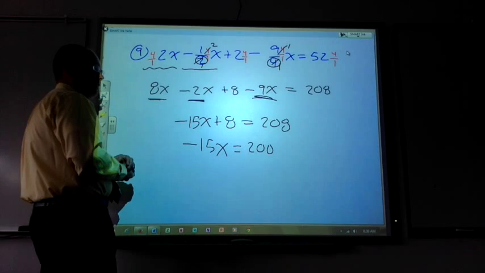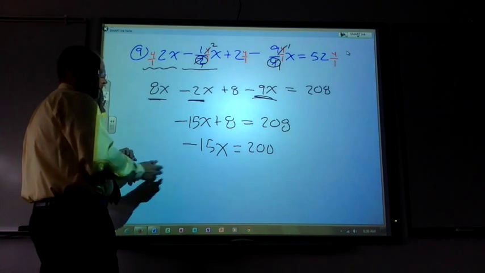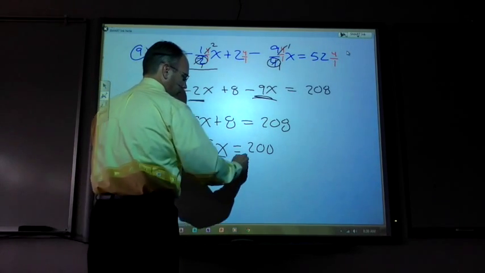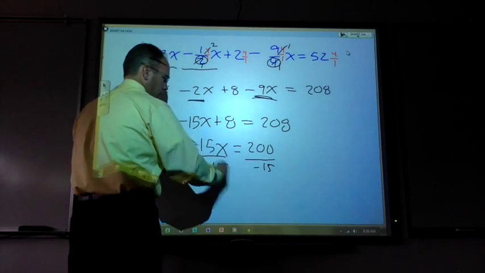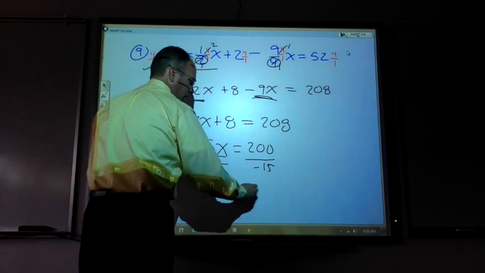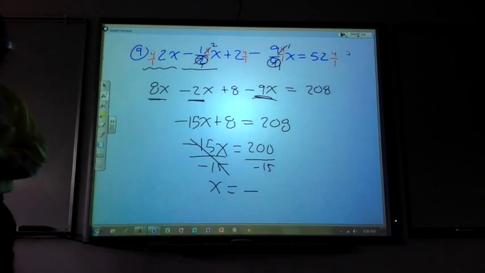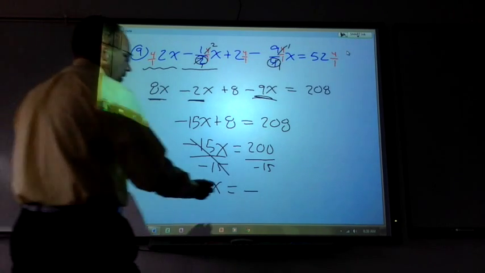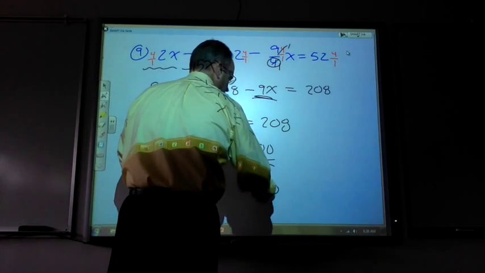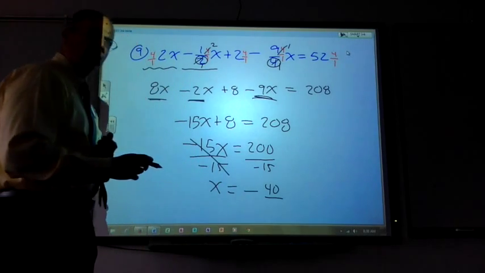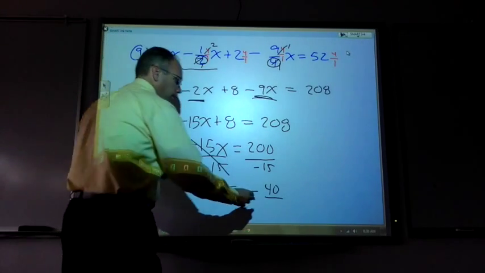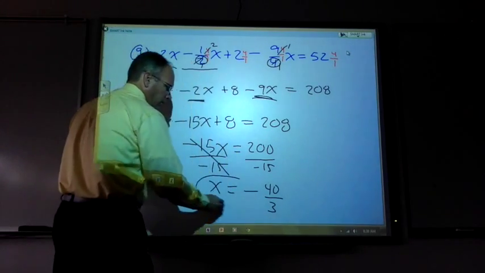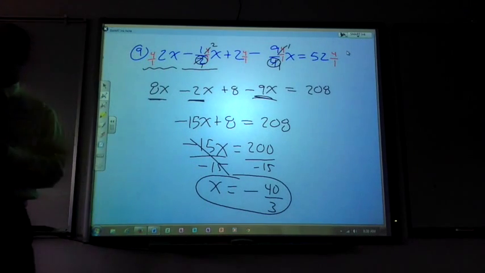Careful. Divide by what? Negative 15. Then the answer is going to be negative. Does 15 go into 200? I know that 5 does. 5 goes into 200 40 times. And 5 goes into 15 how many times? And that will not reduce any further. Sweet.